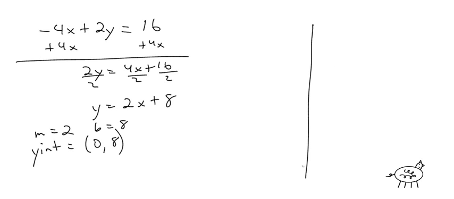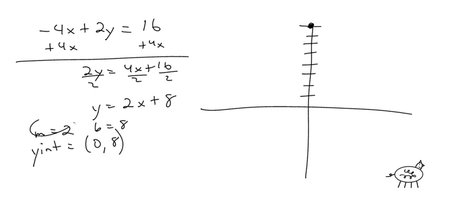Now, this is actually a really good point here. I'm going to go up 1, 2, 3, 4, 5, 6, 7, 8. Let's say my graph only went up to that amount. So here I plotted that point. And do you guys agree my slope is 2, so it's like I'm going up 2 over 1? Well, what happens if you can't go up 2? Let's say there's no more room. Well, remember, isn't that the same thing as going down 2 and to the left 1?